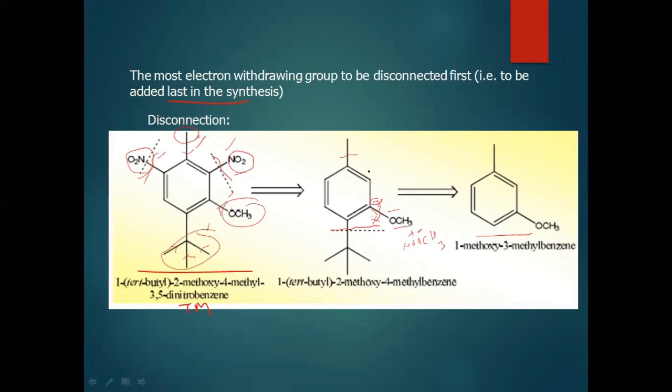So does the benzene system prefer electrophilic substitution or nucleophilic substitution? Most of them are electrophilic substitution reactions, because this is an electron rich system, right? So electrophilic substitution is always preferred.